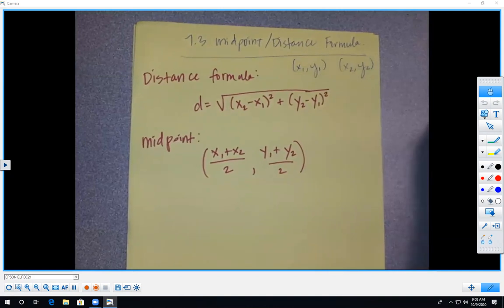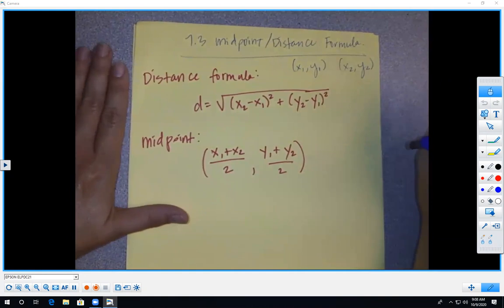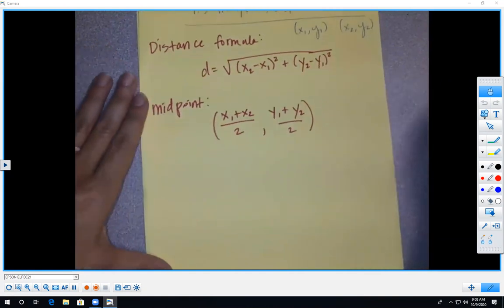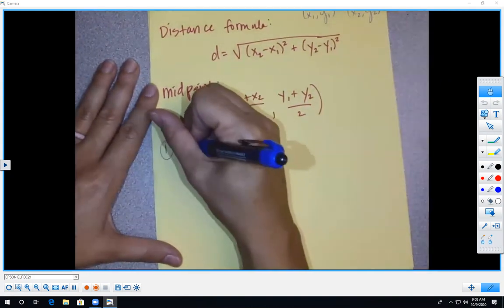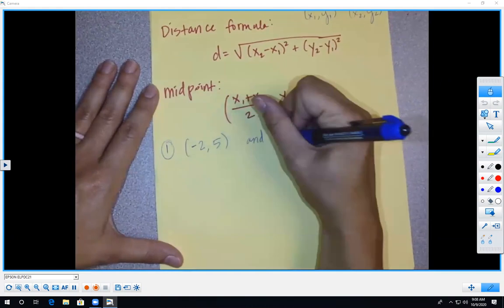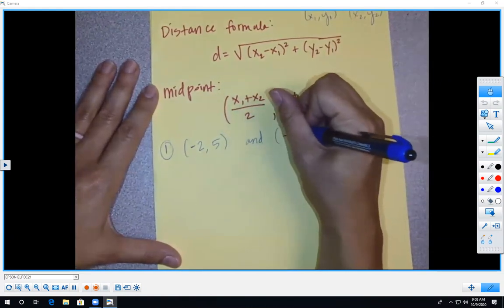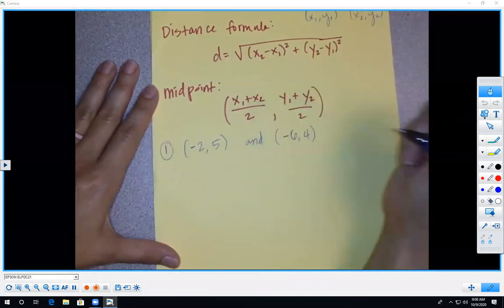Okay, so we're just gonna do a few problems. I'm gonna give you two ordered pairs, and we're just gonna find the distance and the midpoint from both of them. Let's start off with the ordered pairs (-2, 5) and (-6, 4).